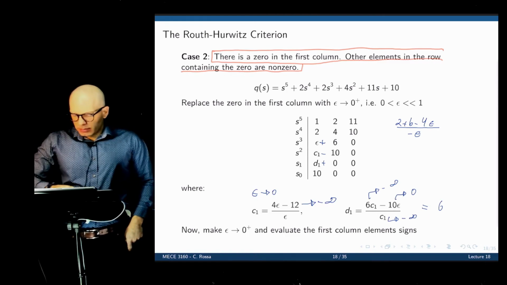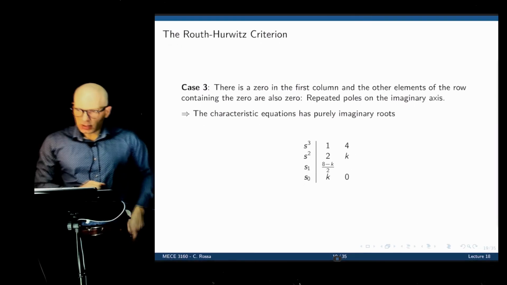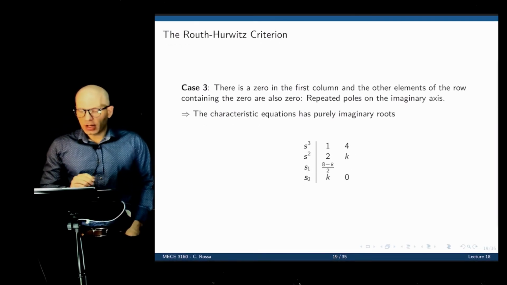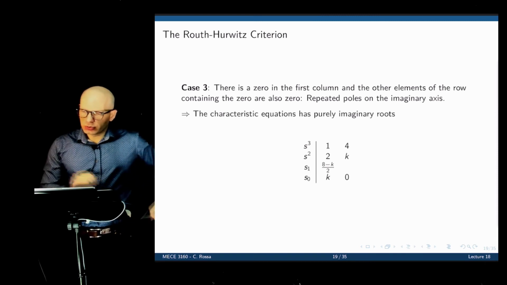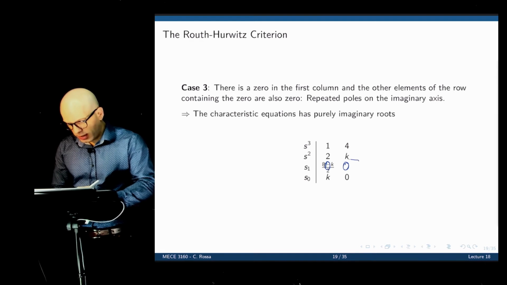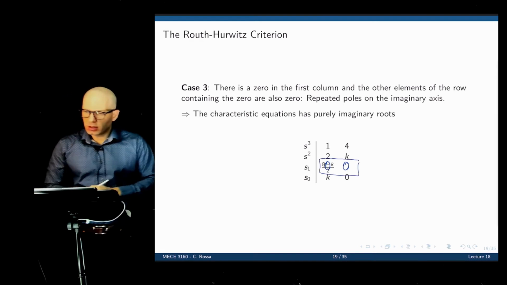Let's do case number 3. Case number 3 is very similar, but now all other elements in the row containing the 0 are 0. So here we would have a 0 and everything else is 0.